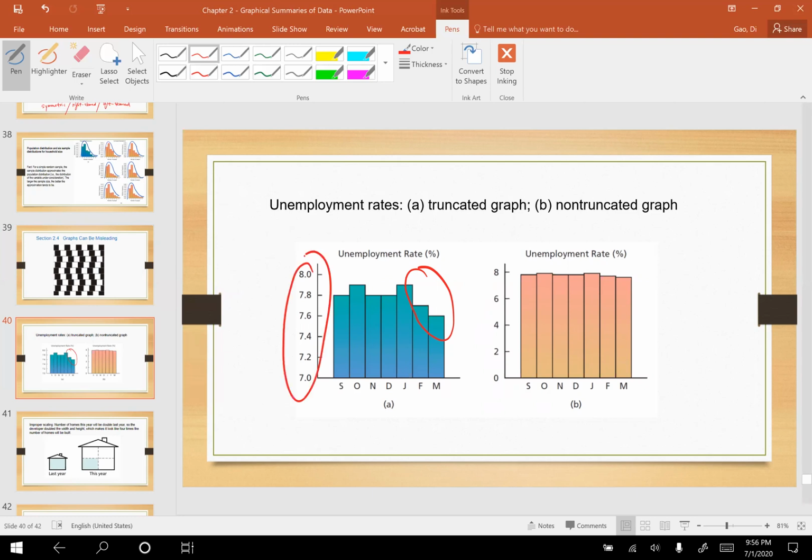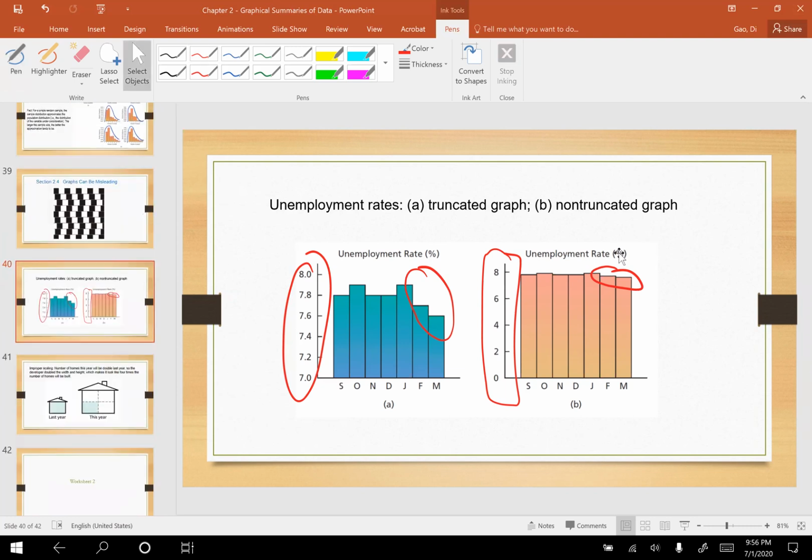Because if you look at the scale, it's zoomed in from 7 to 8. But if you look at the real one, when you look at this graph from 0 to 8, the real unemployment rate, you can see this drop is actually not a lot. So this is one type of misleading graph. This is the correct one, and this is the misleading one.